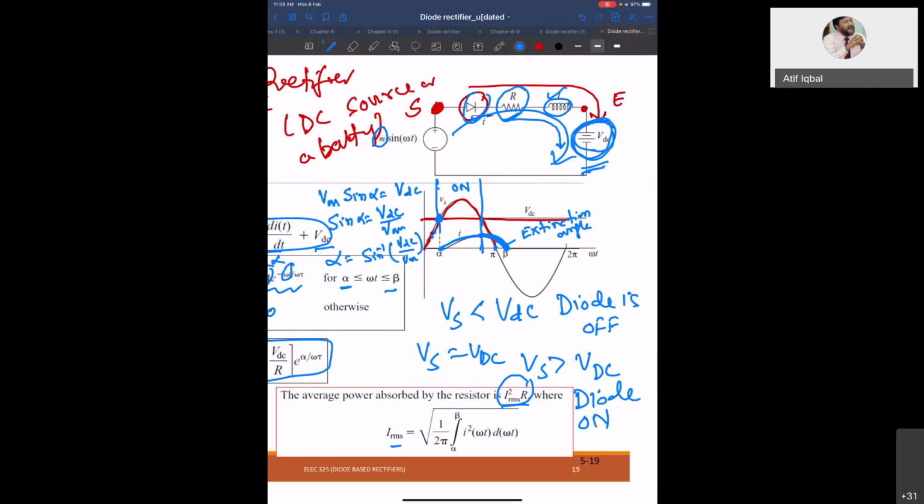If it is a resistive load, then immediately at this point, the current will fall to 0.